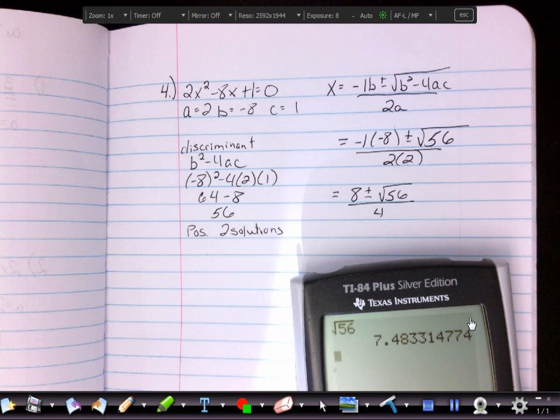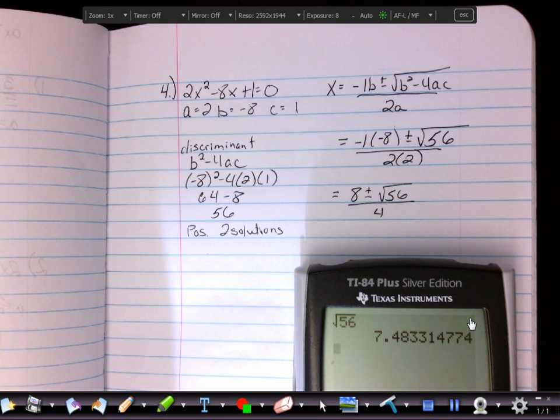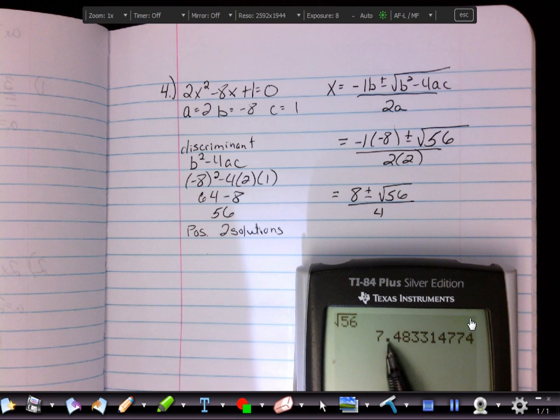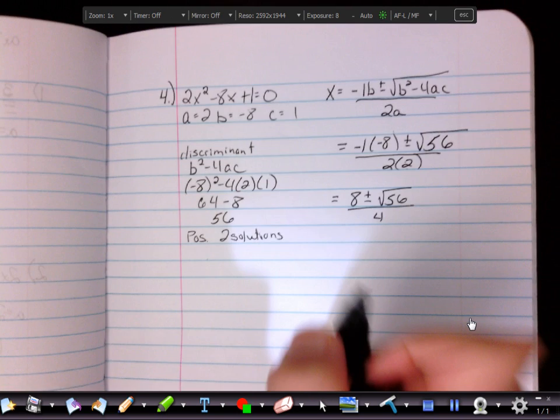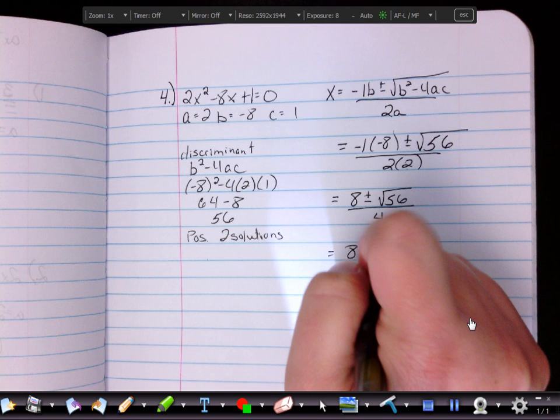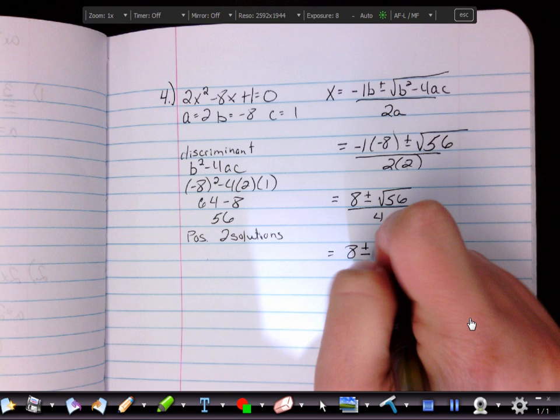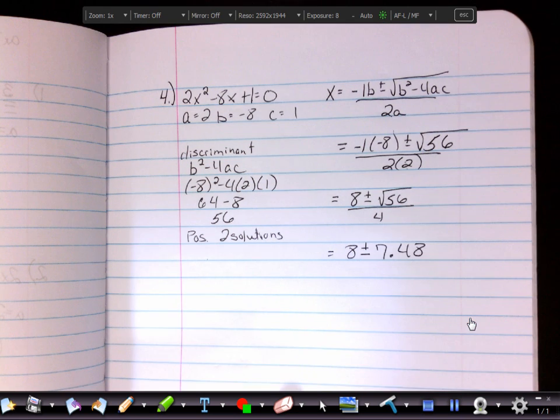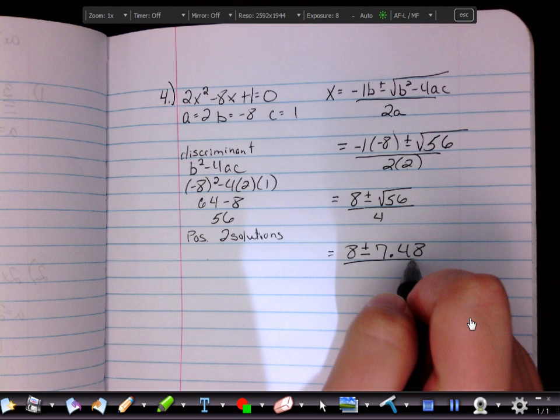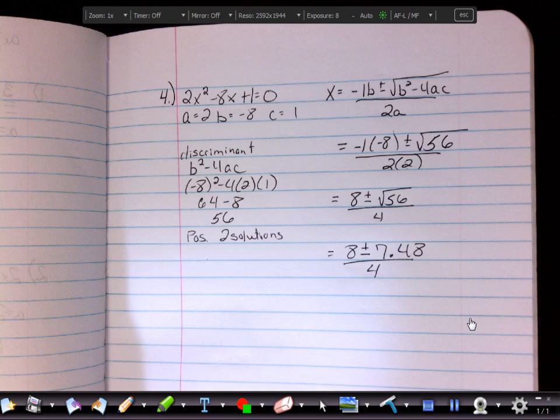And it's going to be a big long decimal, so we're going to round it to the hundredth. So we're going to say that it's 7.48. That 3 makes that 8 stay an 8. So I'm going to say 8 plus or minus 7.48, because that was the square root of 56, over 4.